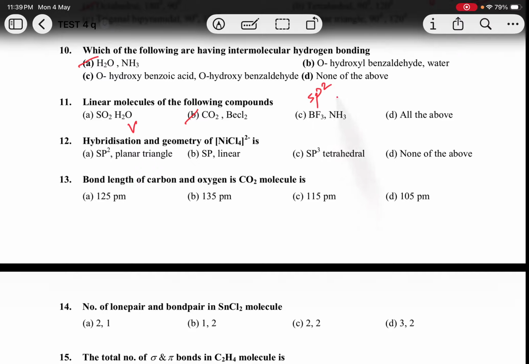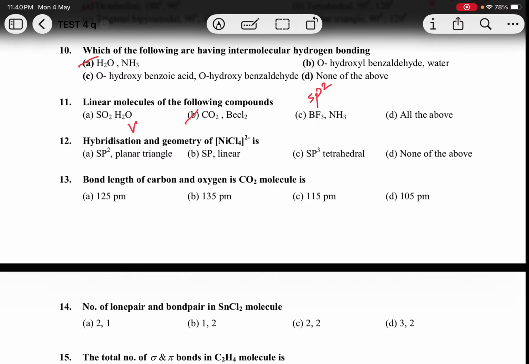It contains 5 valence electrons. Among 5 valence electrons, 3 electrons form 3 sigma bonds with 3 hydrogen atoms. It contains 1 lone pair. So its hybridization is sp3, but shape is pyramidal. Option D is all the above. So option B is the correct one, which are having the structure of linear.